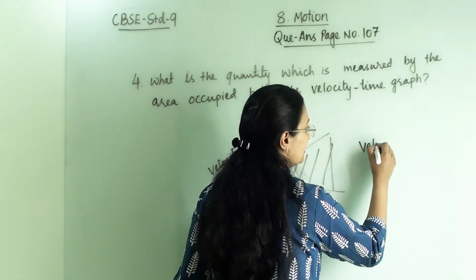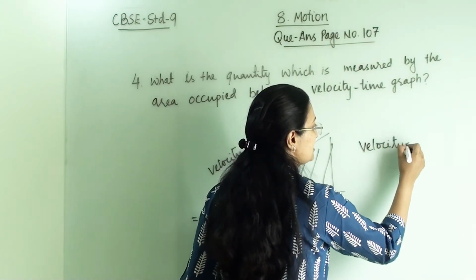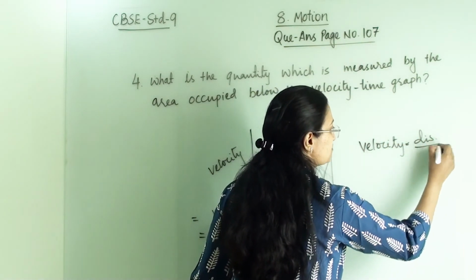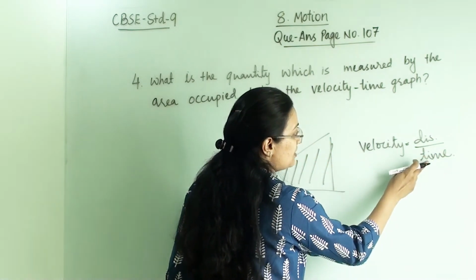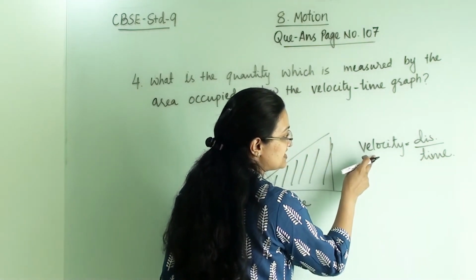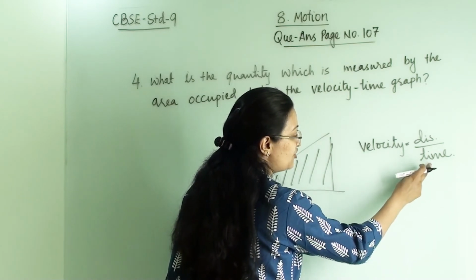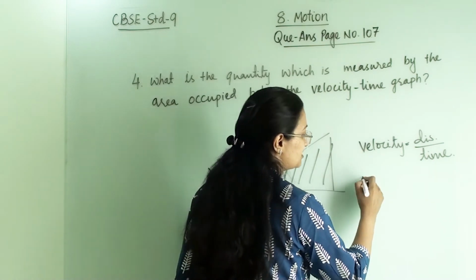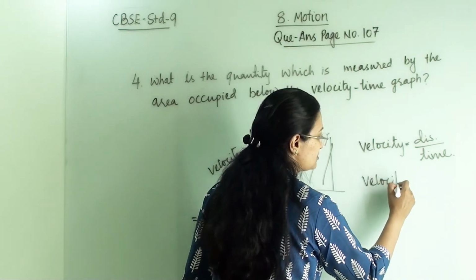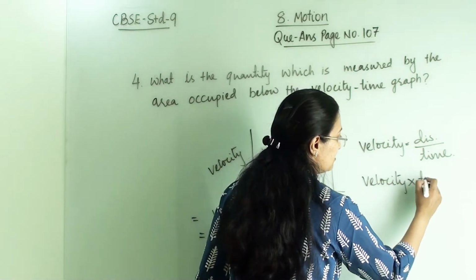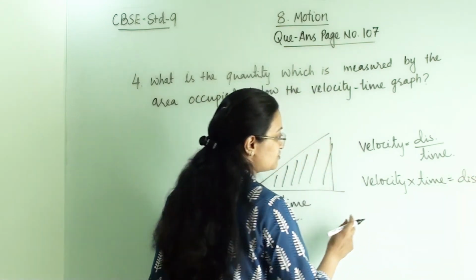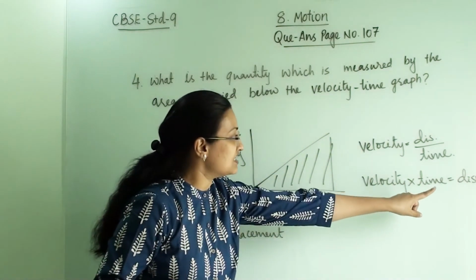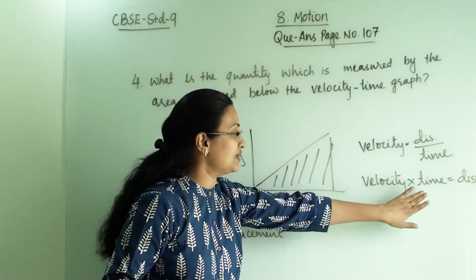Because from this formula we know that velocity equals displacement divided by time. So if we take this time to the other side, since it is in the denominator, it will go in the numerator. So here we will get velocity into time equals displacement.